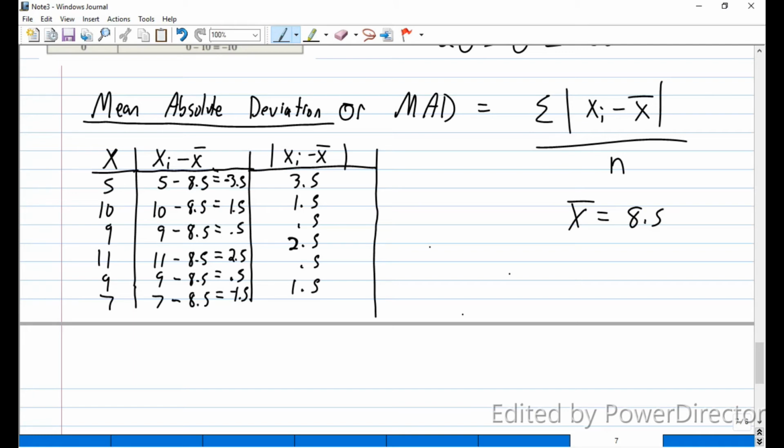And now I need to find the sum of the absolute value of those deviations. I'll usually just say sum, since I need that in my formula, equals, and I add all those up. When you add all those up, you get 10.0.